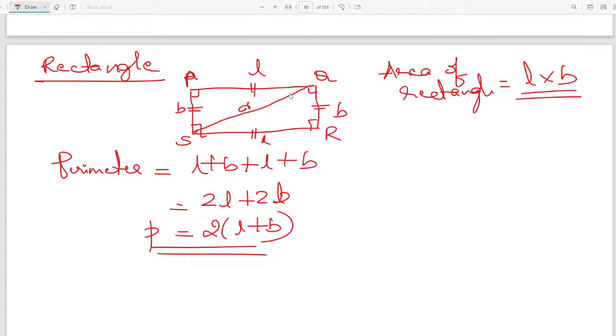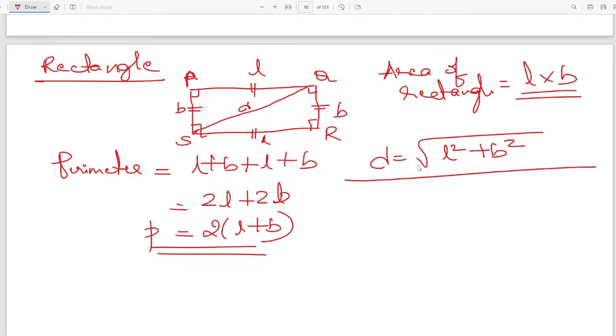Diagonal means a line joining two opposite vertices. The length of the diagonal is given by D is equal to root of L square plus B square, where L is the length and B is the breadth. So please remember these things in rectangle.